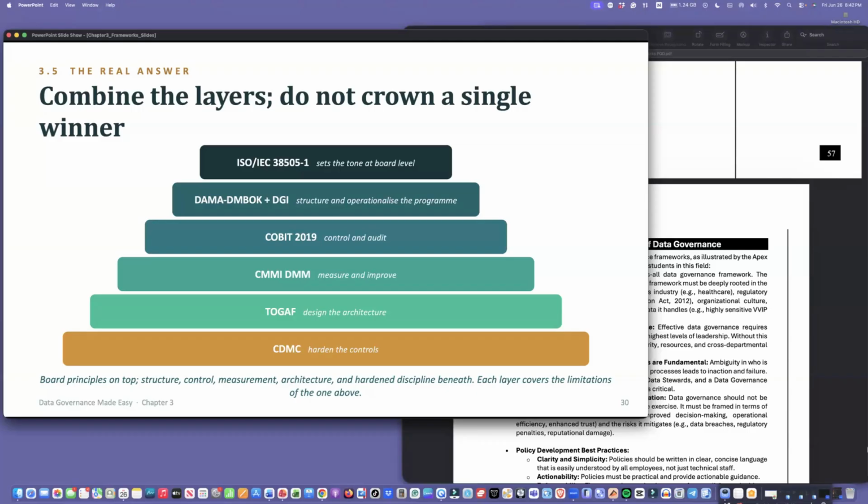By that time, I would have established all my structures and it will be easy for me to flow into the other. Most of these things build on where you are starting from. So the board principles are at the top, structure, control, measurement, and architecture, and hardened principles beneath. Each layer covers the limitations of the other.